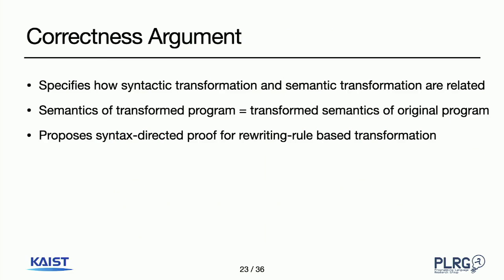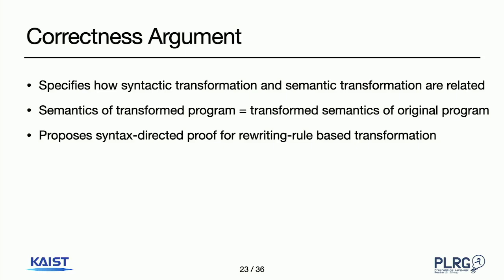After defining the matcher, syntactic, and semantic substitutor, we should show how the syntactic transformation and semantic transformation are equivalent. We call it the correctness argument, and it states that the semantics of the transformed program is equal to the transformed semantics of the original program only when the matcher produces a valid matcher output.